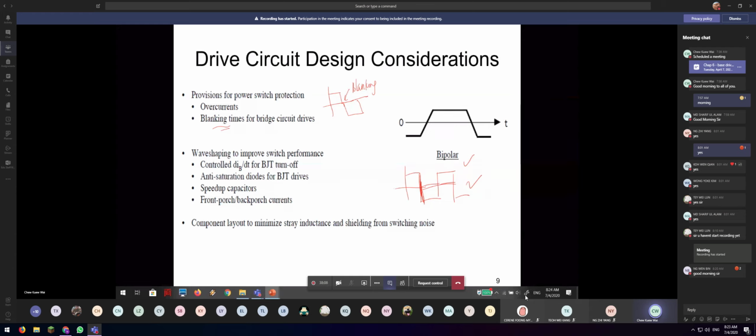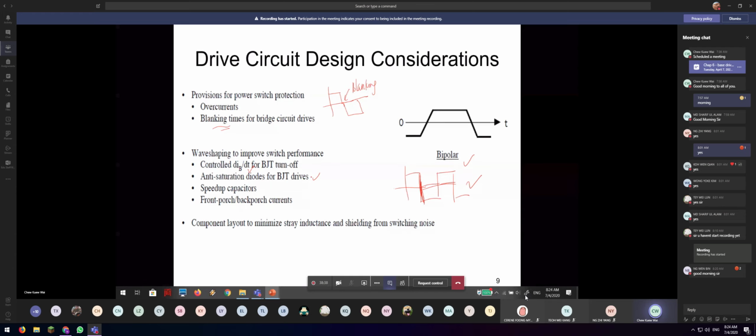Besides this, they also need to take care of other circuit parameters to control the transient. The dI/dt refers to the transient, like a spark or spike, that controls the BJT turn-off. Anti-saturation is a circuit to avoid the BJT becoming too saturated, that means too full.